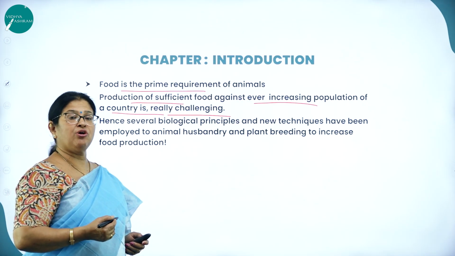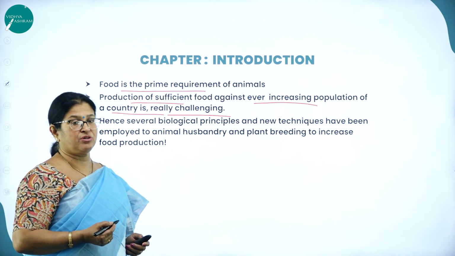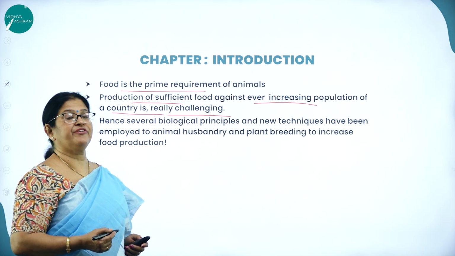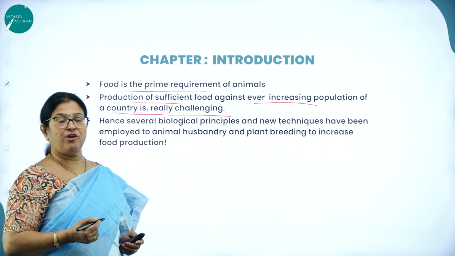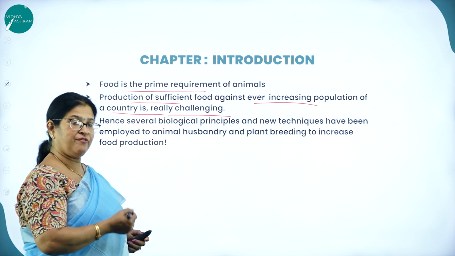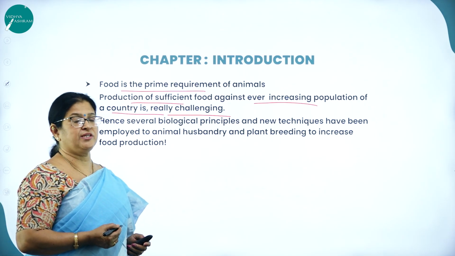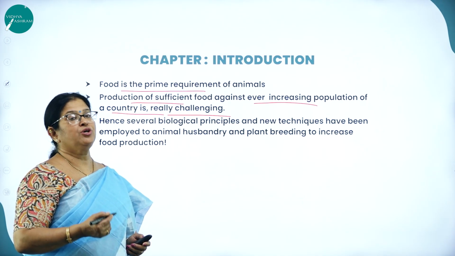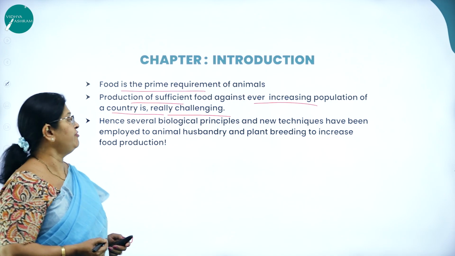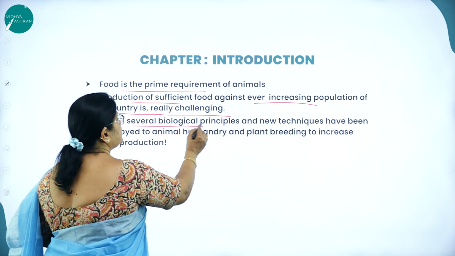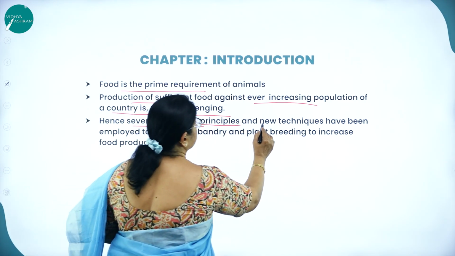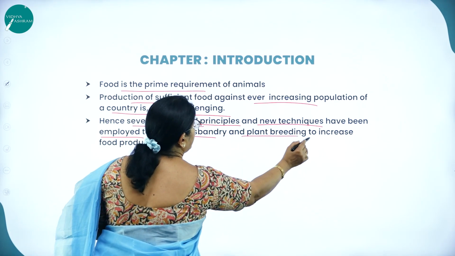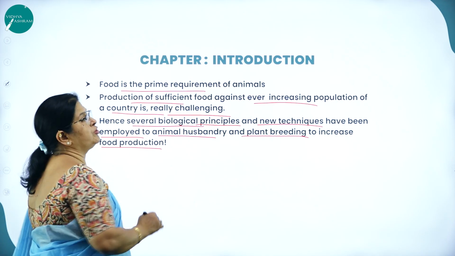So we cannot stick to the old conventional methods of food production. We need to come out with different strategies or techniques to produce enormous amounts of food. That is what we are going to study in this chapter. Hence several biological principles and new techniques have been employed in animal husbandry and plant breeding to increase food production.